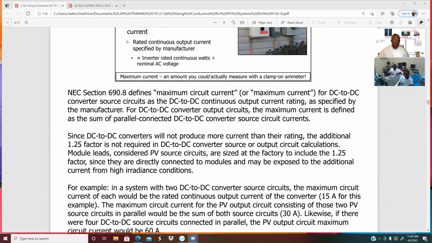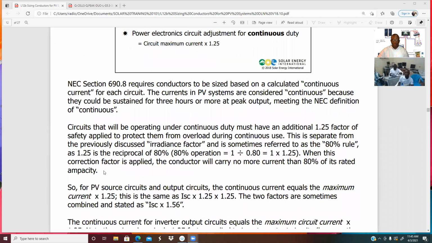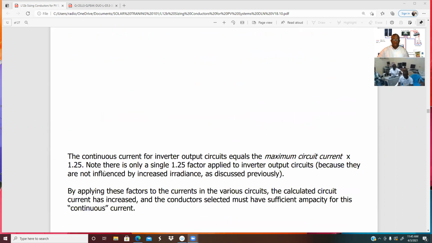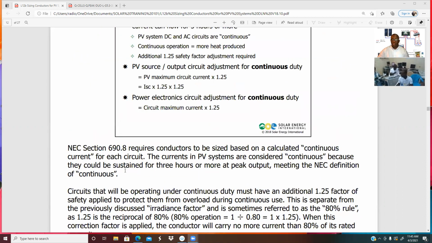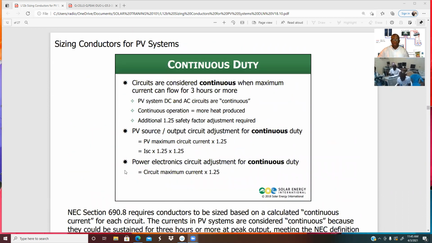Let me proceed to page number 12. Do you have your material with you? Okay. Continuous duty: sources are considered continuous when maximum current can flow for 3 hours or more.